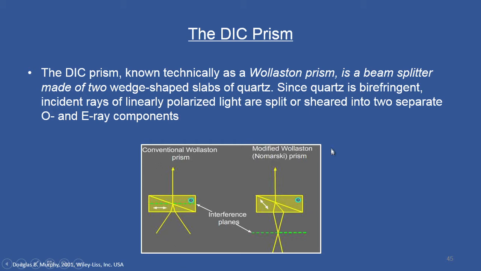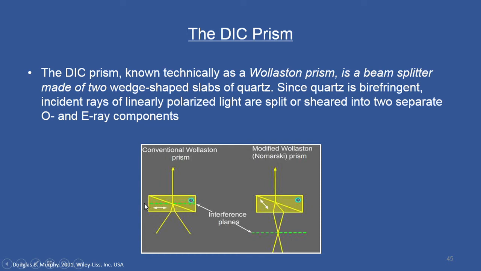So, this is a schematic which clearly shows the conventional Wollaston prism. You see the two wedge-shaped slabs of quartz crystal, and the vibration direction is marked here. This is in this direction, and another perpendicular direction is marked, which is going through the computer screen.